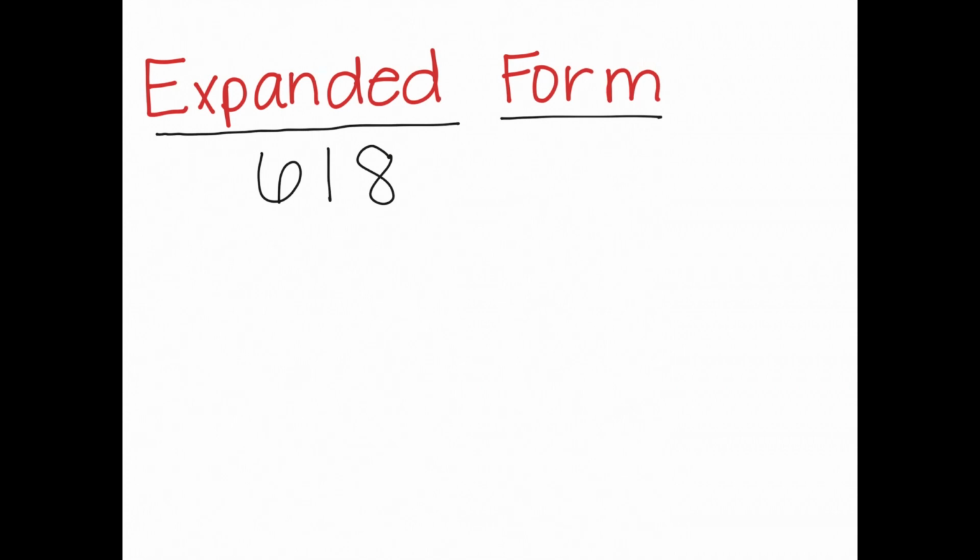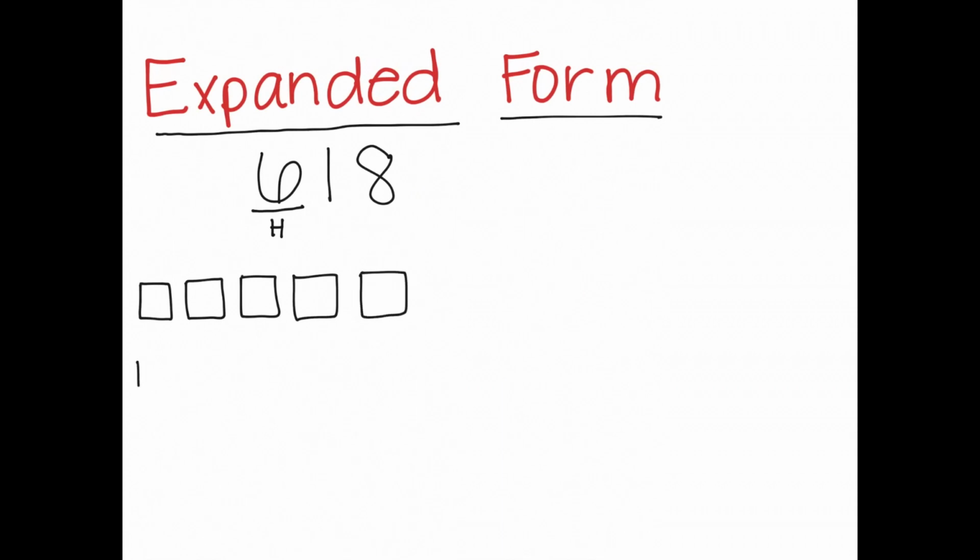Okay, so 618. When I look at that number, I know that in my hundreds place, I see a 6. Now that 6 is worth 600. So I'm going to draw out 1, 2, 3, 4, 5, 6 hundreds. In my tens, I see a 1.